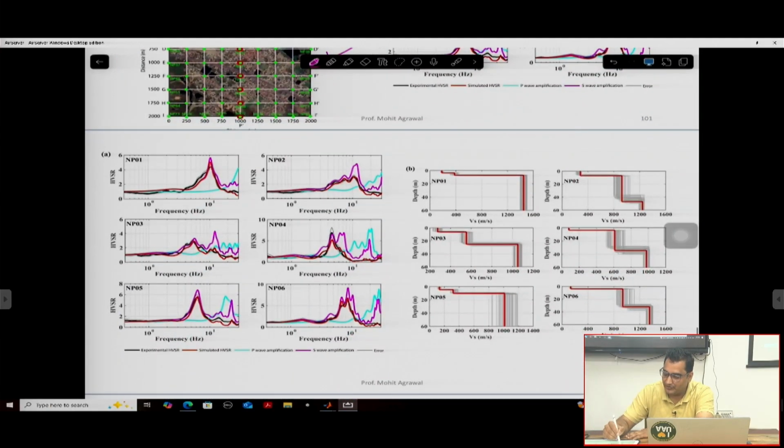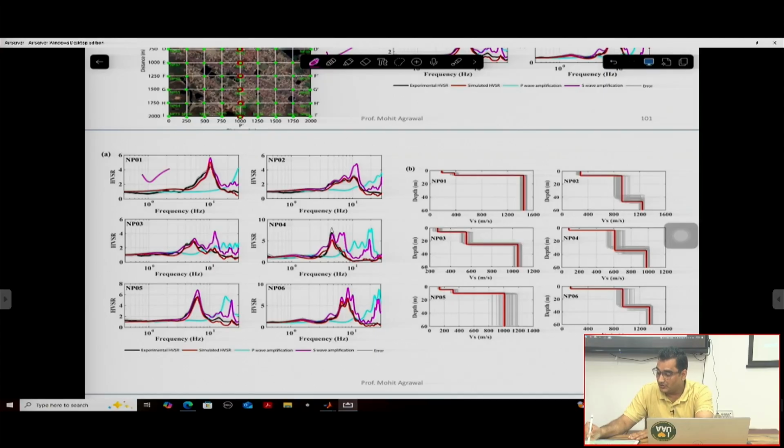Using the same points, all these points where the HVSR curve was computed, he tried to model them. So in order to model them, he used a software known as OpenHVSR, where they use nonlinear optimization techniques in order to invert the HVSR curve to the shear wave velocity curve.